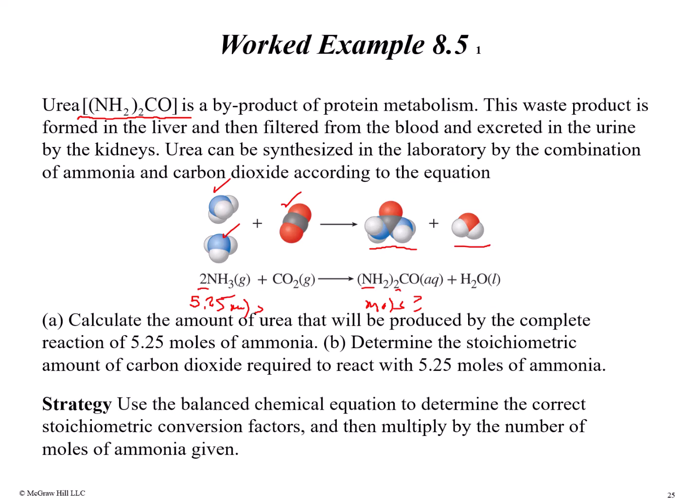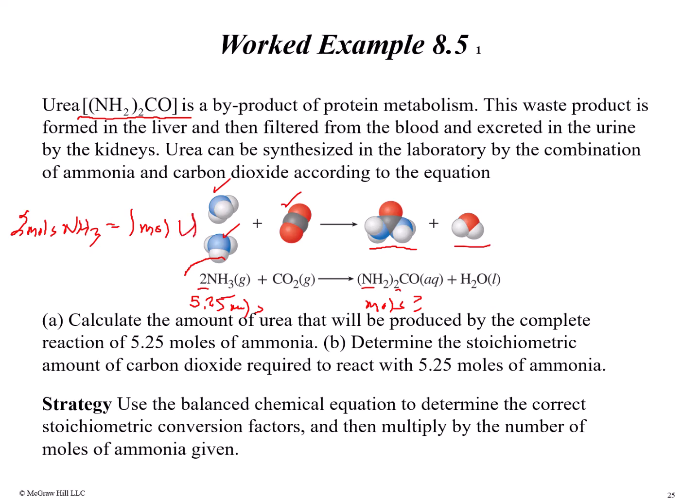So I look at my balanced chemical equation. I see for every 2 moles, let's do it this way, 2 moles of ammonia is equivalent to 1 mole of urea. I'm just going to write a U. I'm running out of space there.